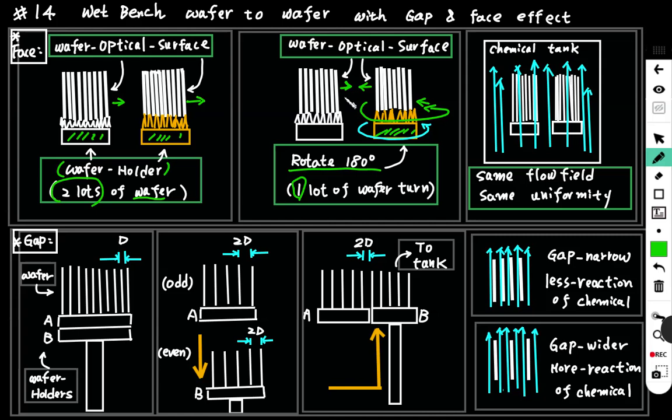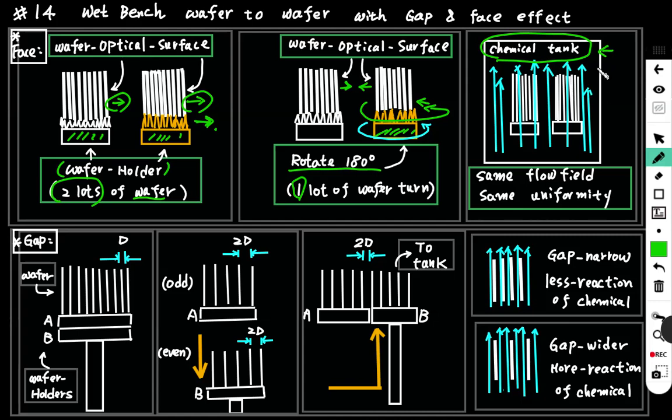And what's the effect of it? We will have two lots of wafer in the chemical tank, and just like this one, the wafer optic surface, both slots to the right side.